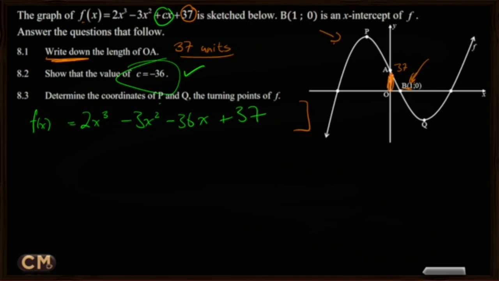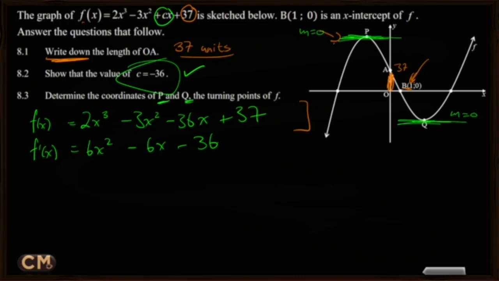The coordinates of P and Q are the turning points of f, and at the turning points, if we were to draw tangents, those tangents would have gradients equal to 0. What does that mean? Well, we can get the general gradient for f of x. That's just called the first derivative. So 2 times 3 gives us 6x squared minus 6x minus 36. So that's our general gradient.